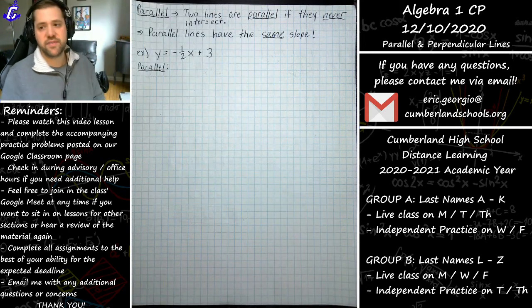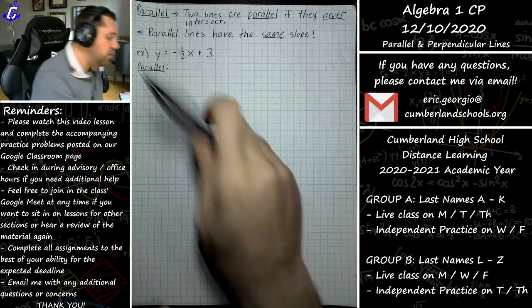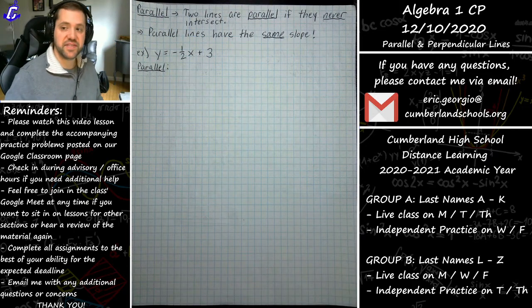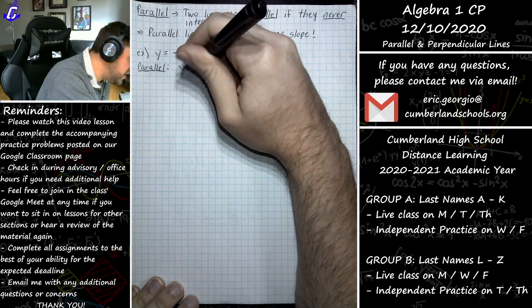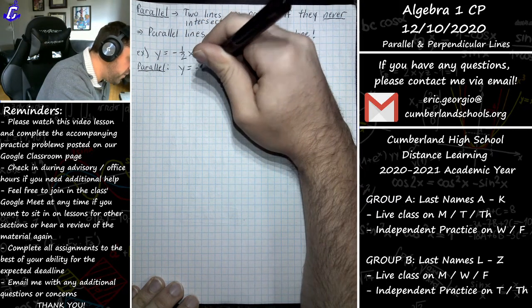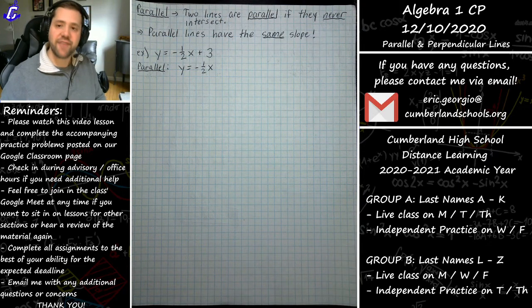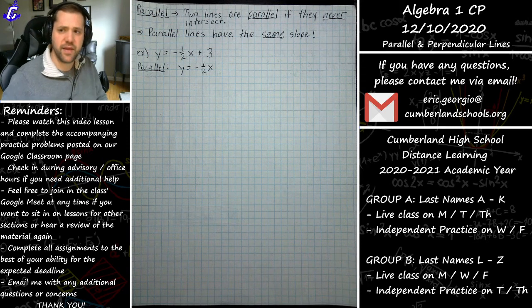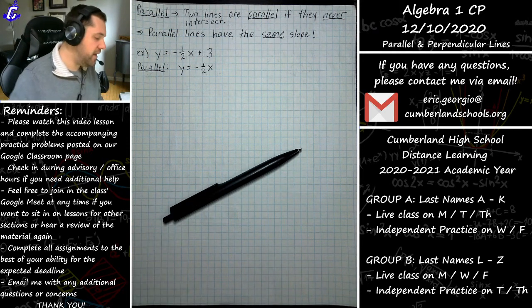Well, we know that parallel lines have to have the same slope. So my m, my slope, has to remain unchanged: y equals -1/2 x. My y-intercept, though, does have to be different, but it could be whatever you want it to be, right? Suppose, again, this sort of crude example with my pen is my line of -1/2 x plus 3.